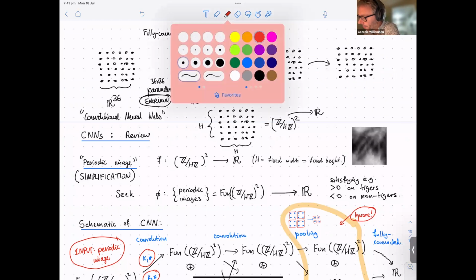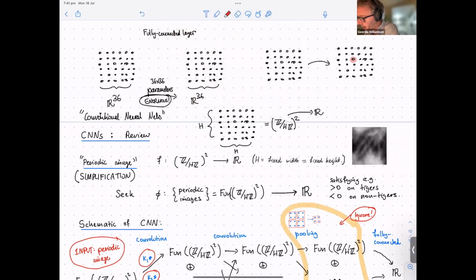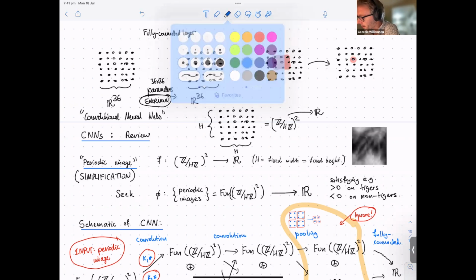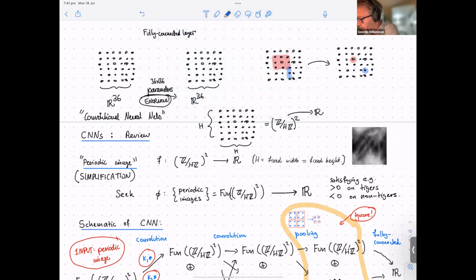But if you think about what happens in a convolutional neural net, then the value of this pixel is determined by the values of these pixels. And moreover, this value here depends on these in exactly the same way as, for example, this pixel determines.